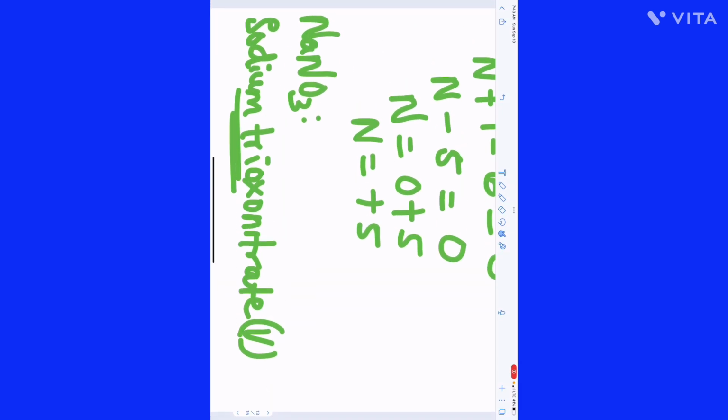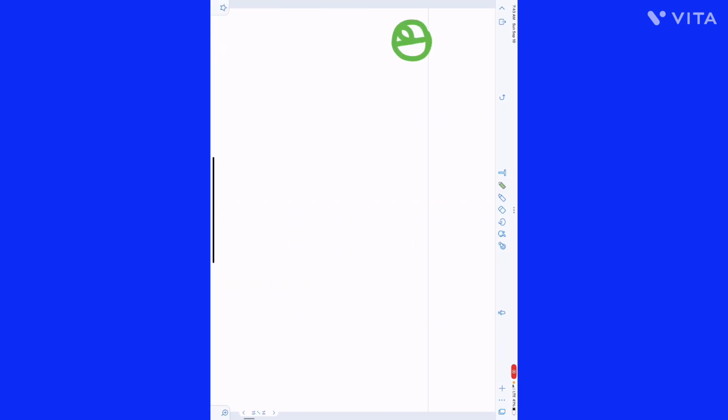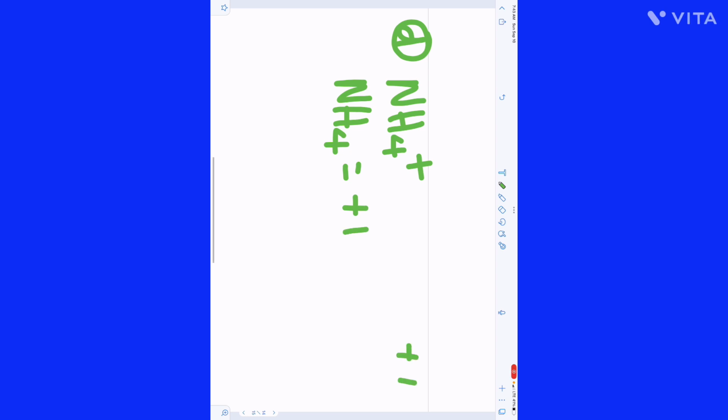D now. That was question C. Let's go to D. NH4 plus. What's the oxidation number of nitrogen in NH4 plus? Now, NH4 plus means the total charge of the radical is +1. Plus is the same thing as +1 or 1 plus. So, in chemistry, they have funny ways of writing that.